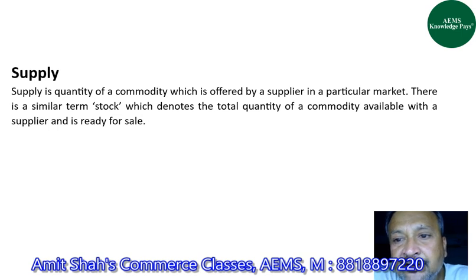So we just discussed the two different terms. One is supply, which is the quantity which a supplier offers in a market. Another is stock, which is the total quantity of a commodity a producer has with him ready for sale.